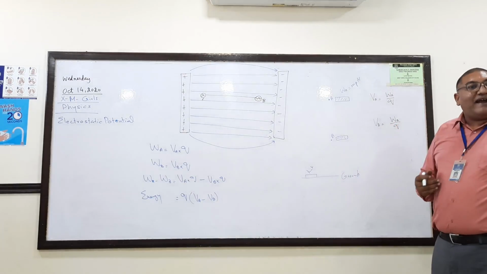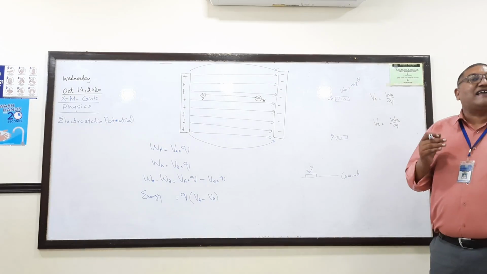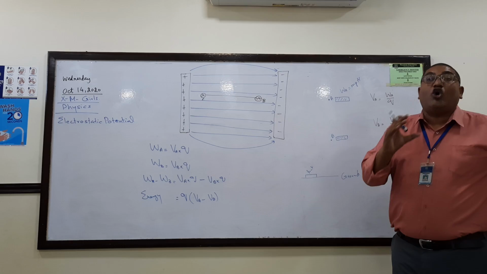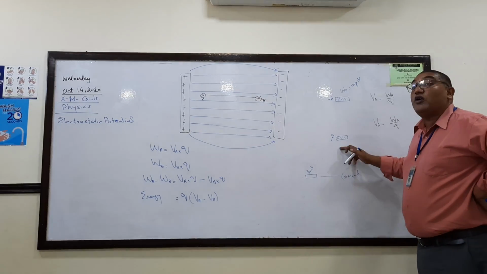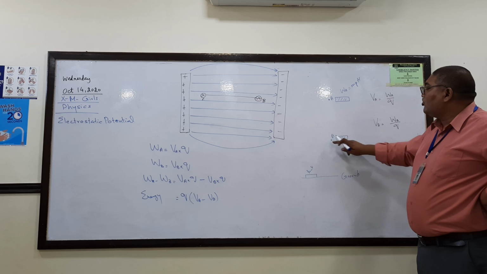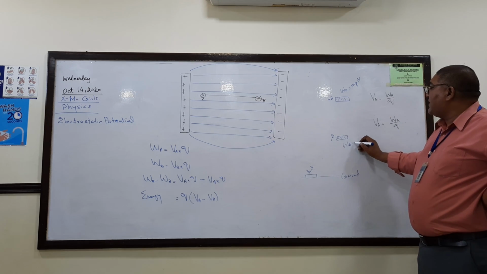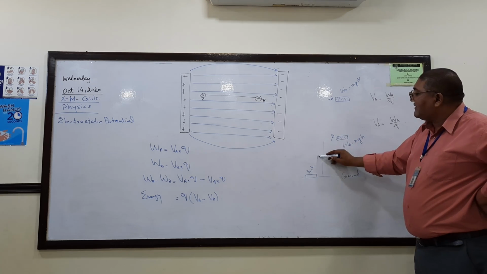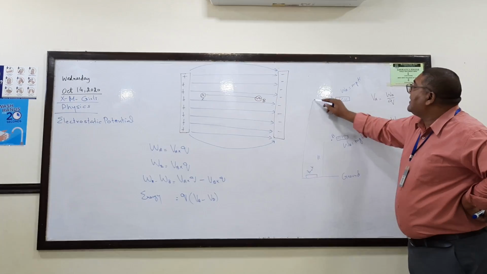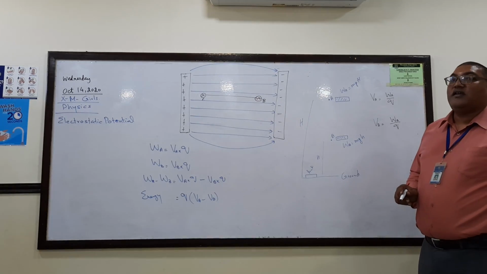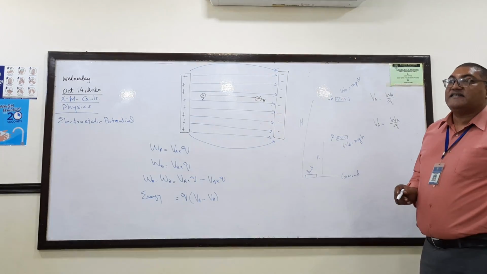And when you provide the energy and the body moves against the gravitational field, that energy is stored in the body. So the work done in moving from the ground to this point, work done B, will be equal to mgh. I am supposing that this height is h and this height is capital H. Okay? So you understand?